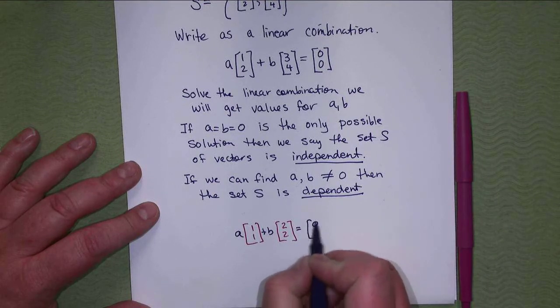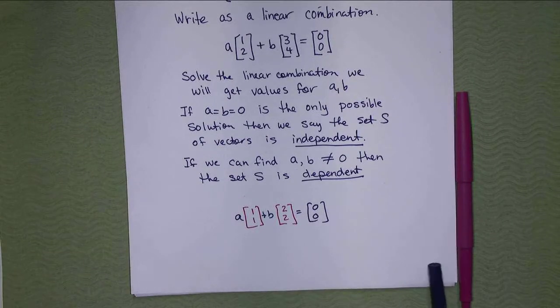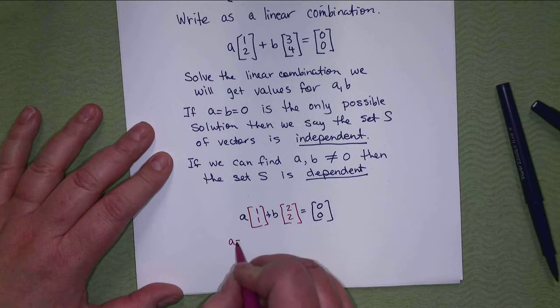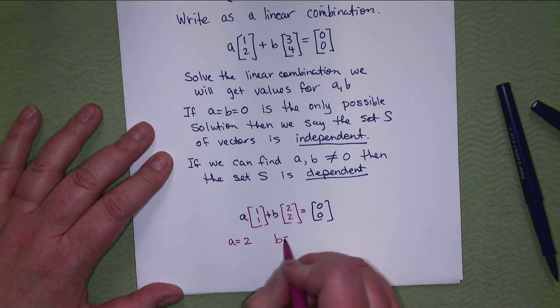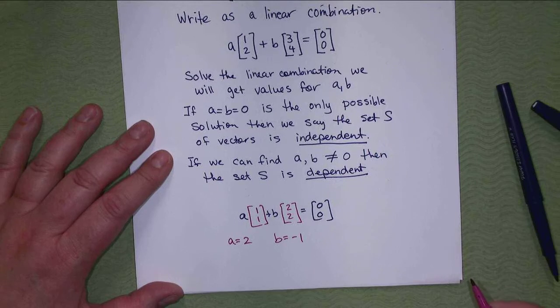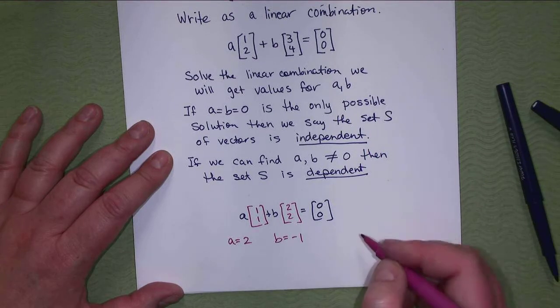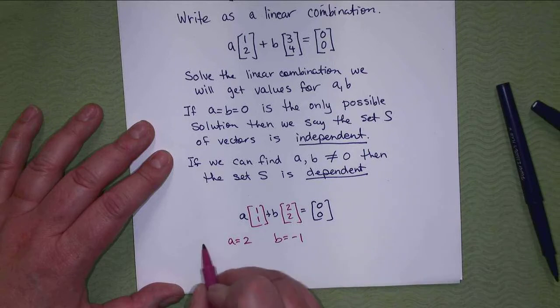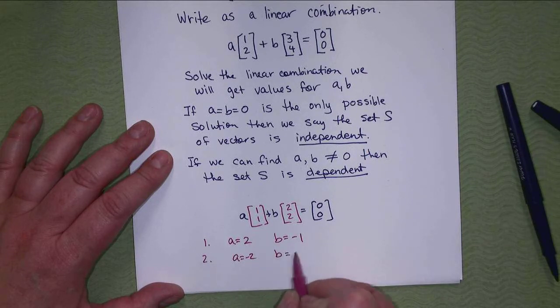and we did this, 0, 0 still works, but there is another answer. What would be another answer that would work? If we let A be 2 and B be -1, that would work. Is there another possible answer? A is -2, B is 1, that will work.